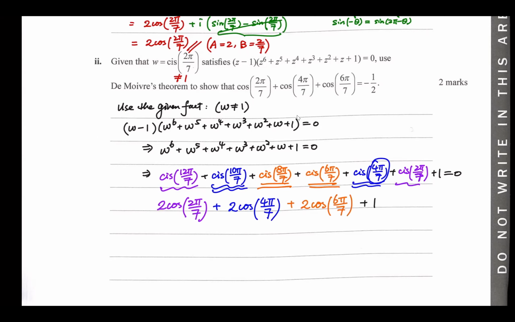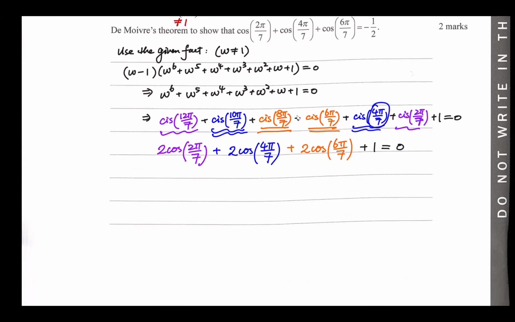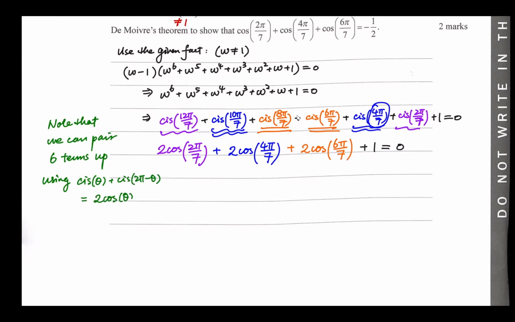Finally, don't forget the original equation has a plus 1 equals 0, okay? We may want to make a note here. Note that we can pair 6 terms up using cis theta plus cis 2 pi minus theta equals 2 cosine of theta, okay?